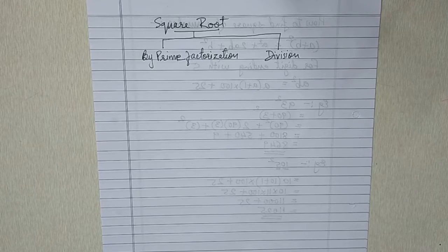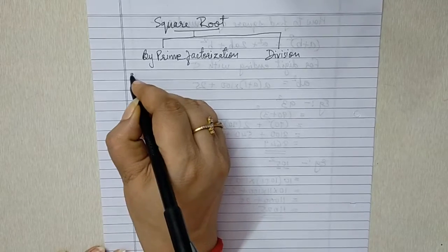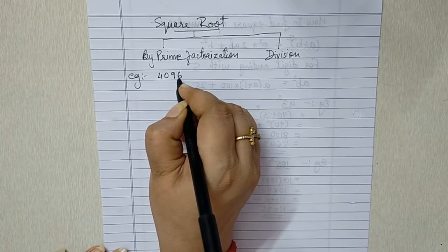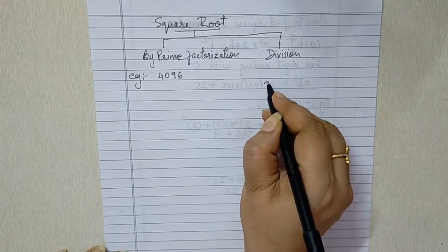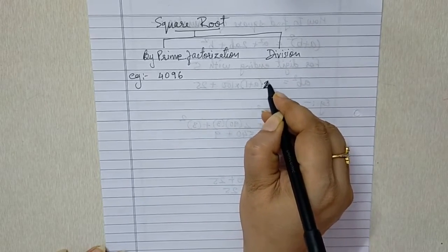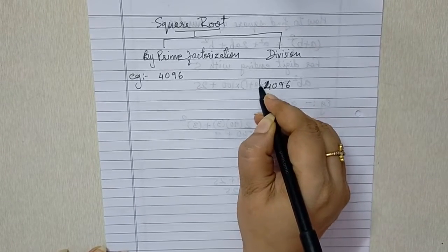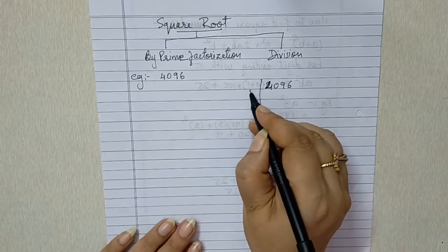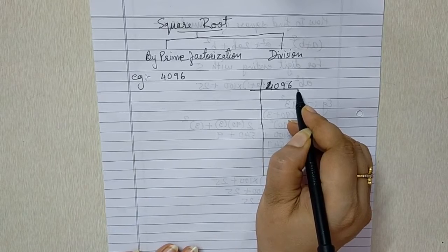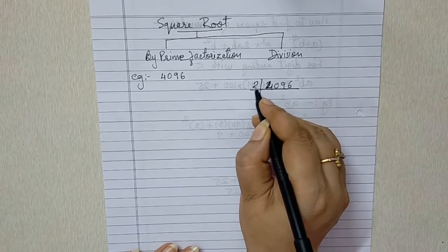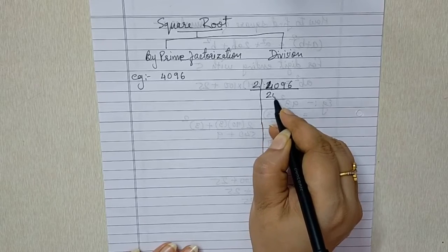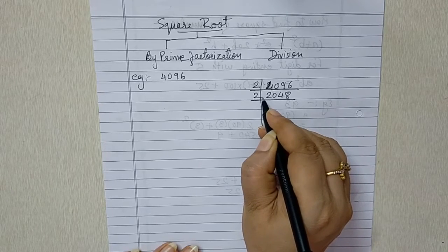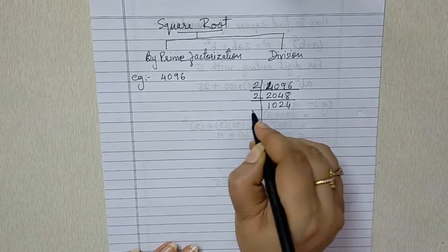Now for example, let us take 4096. First of all we have to find the prime factors of 4096. Here we have to use divisibility rules. Last digit is an even number, so we can divide it by 2. By dividing it by 2 we get 2048. Again we divide it by 2, we get 1024.